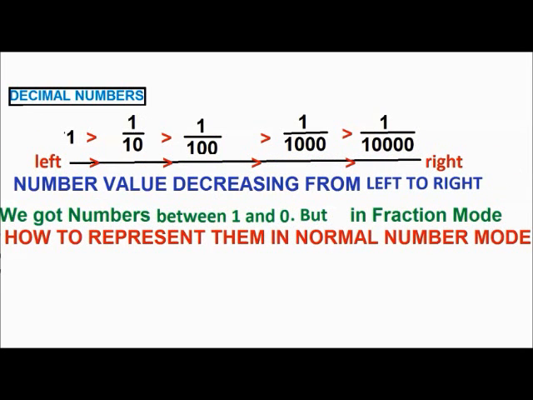So 1 is greater than 1 by 10, and it is greater than 1 by 100, and greater than 1 by 1000, and greater than 1 by 10,000. Number value decreases from left to right. We got numbers between 1 and 0, but in fraction mode. How to represent them in normal number mode?